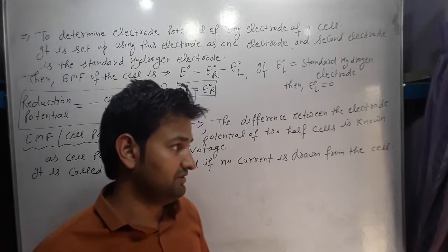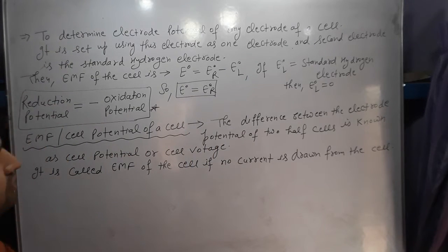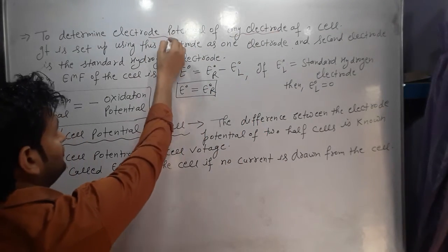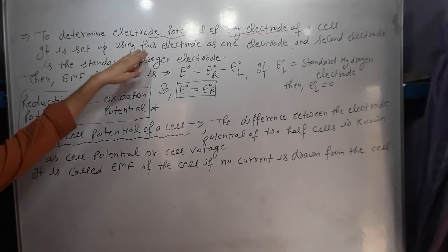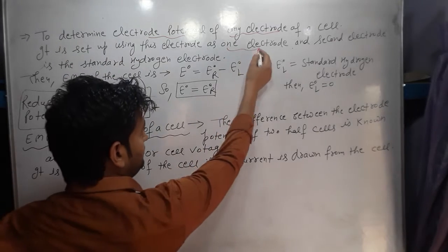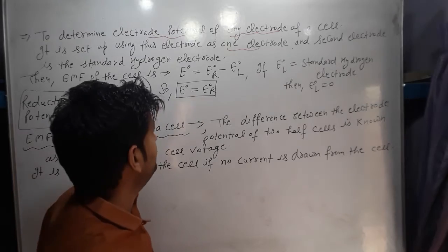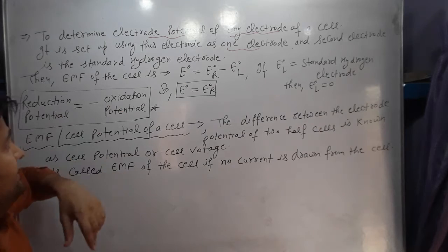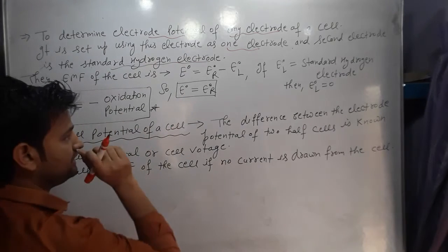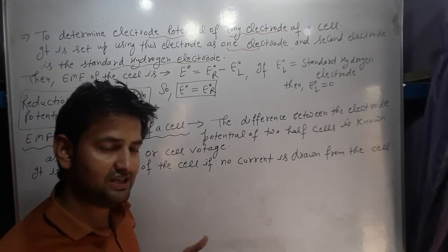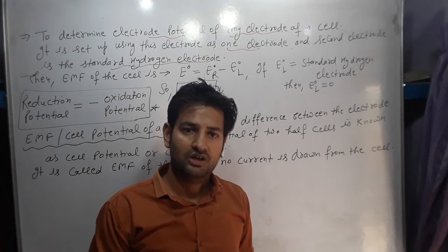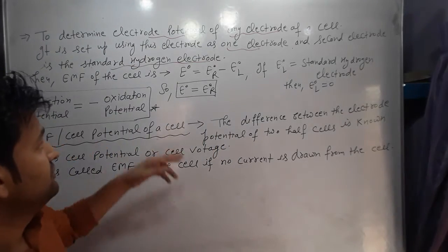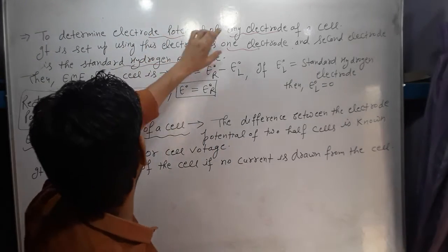So to determine the electrode potential of any electrode, it is set up as one electrode and the second electrode to complete the cell is the standard hydrogen electrode. So we use the standard hydrogen electrode as one electrode और जो दूसरी इलेक्ट्रोड आएगी, जिसका हमें इलेक्ट्रोड पोटेंशियल फाइंड आउट करना है. So by using these two electrodes we set up a cell.